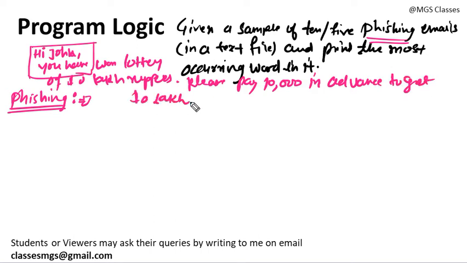You might have heard of or seen this kind of mail, or sometimes you got this kind of message on mobile also. So these are known as phishing emails. If it comes through mail, it is known as phishing emails. If such messages come as text messages, they are known as phishing messages.